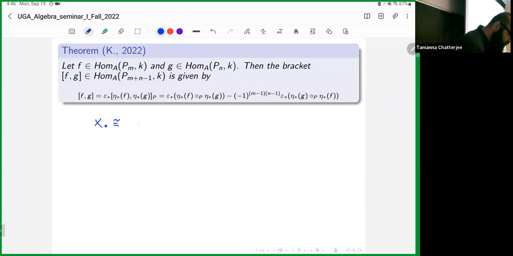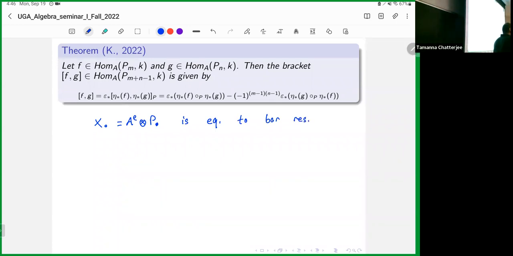We take the lemma, and X is isomorphic to A^e tensor T. Actually, this is not exactly isomorphic; it is defined as equivalent to a further evolution. So we have a Gerstenhaber bracket formula on the bar resolution, and we start with this formula and take the embedding and isomorphism from the theorem.